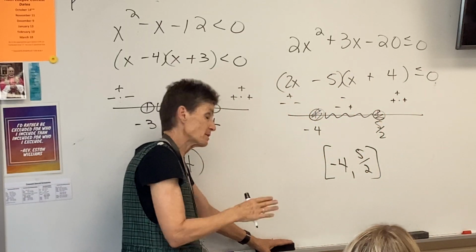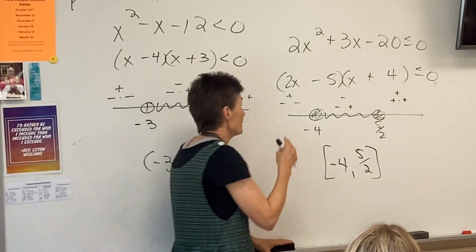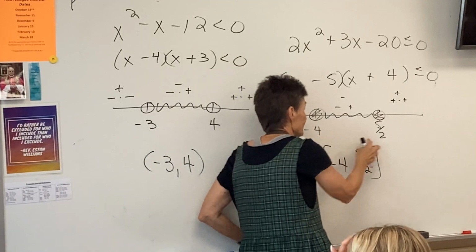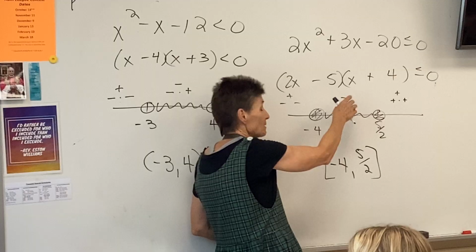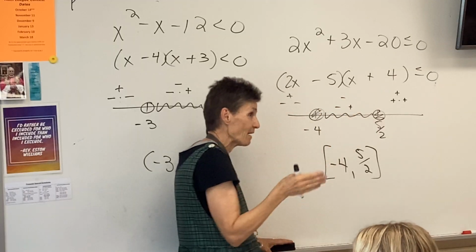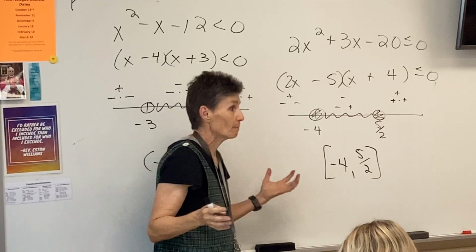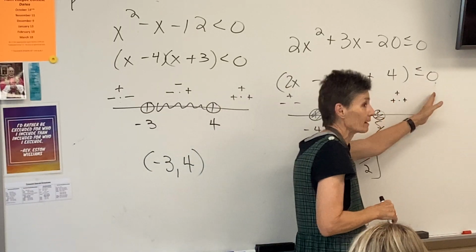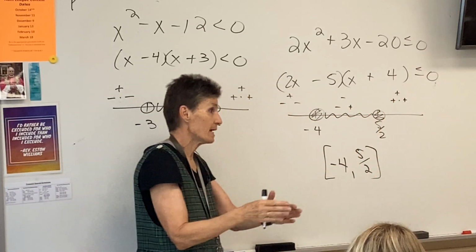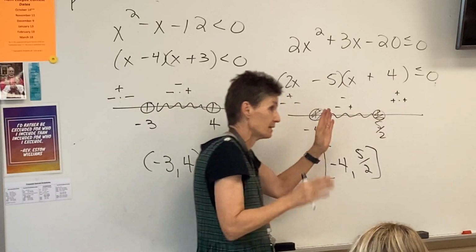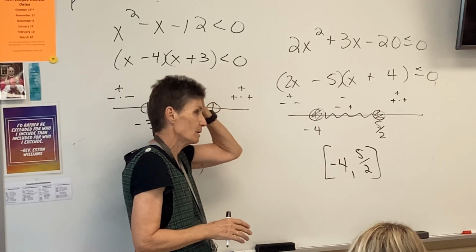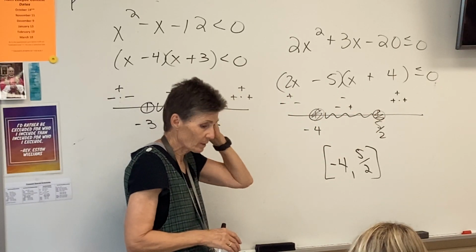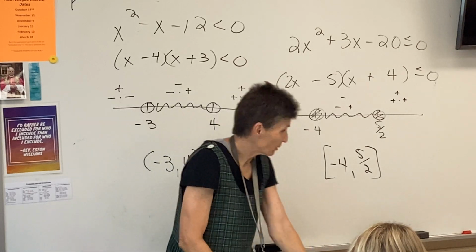So you absolutely can complete the square if you somehow have to get these dots, okay? And they're coming from factors here, but if you have a non-factorable problem, you need to do something different. But eventually you have to get that 0 back. Because this is all about positive and negative, and that's a comparison to 0. Does that make sense? Yeah. Okay. All right, we good with that, guys?